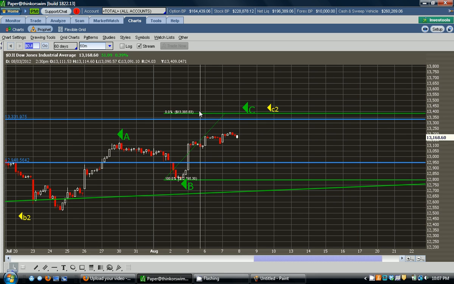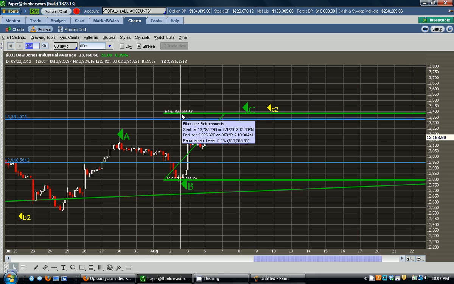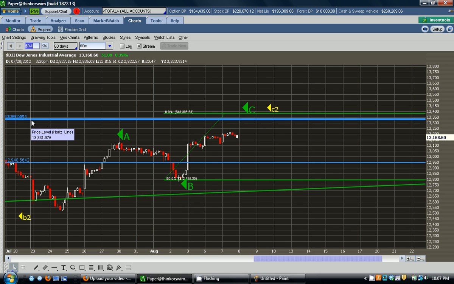But we know that our maximum target for our bearish scenario is at 13,331, and if it goes any higher than that, then, well, looks like we're going to 14,000 in the Dow and way over 1400 in the S&P. So that's the most probable scenario.